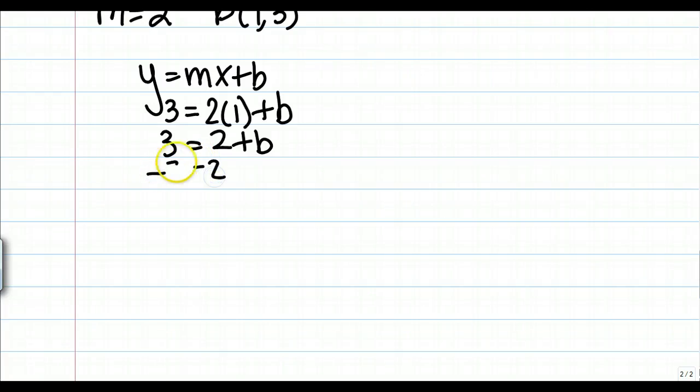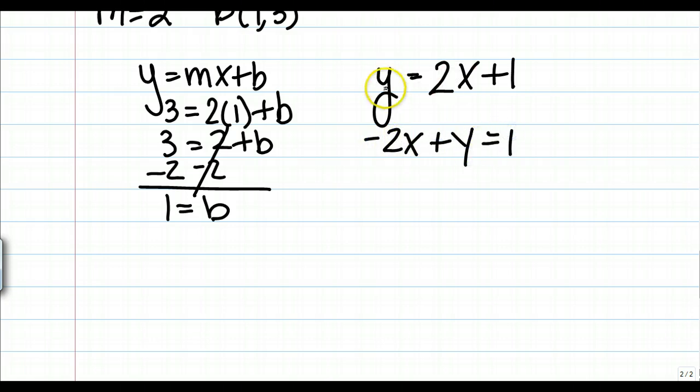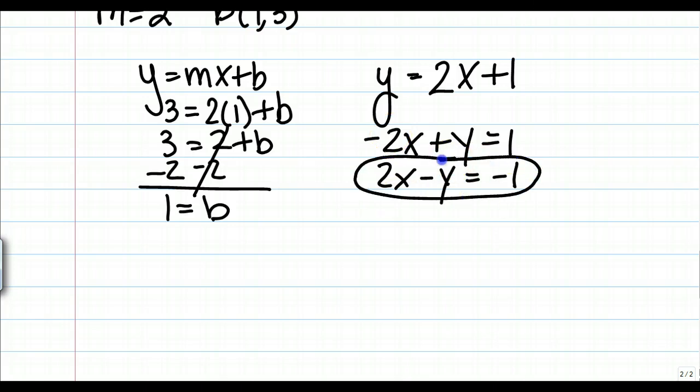I subtract 2. I have 1 equals b. So when you go to write an equation, you always have a y and an x. Your slope is 2, and your b found was 1. You would rewrite this in standard form. So I move the 2x over. I'd have to change the signs because I can't have a negative, and there are no fractions, so you are done. This is your slope-intercept form, and this would be your standard form.